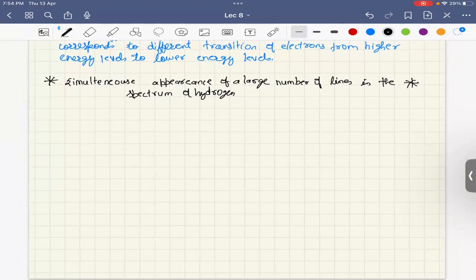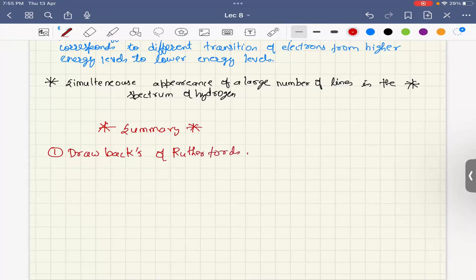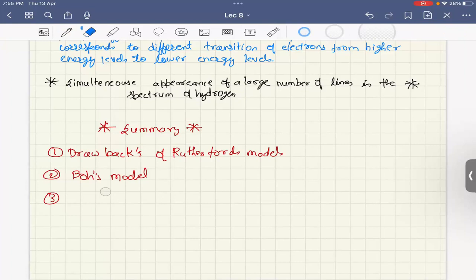So we conclude our lecture here. In this class, we have seen the drawbacks of Rutherford's model. Then we studied Bohr's model and the postulates of Bohr's model.